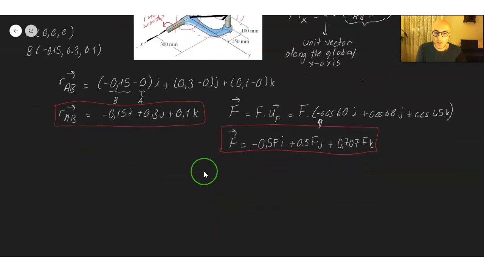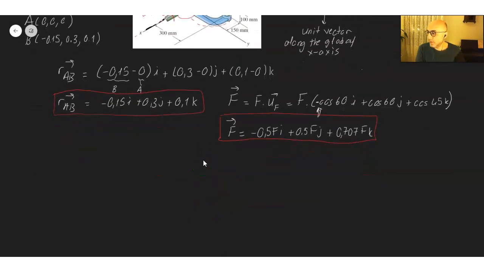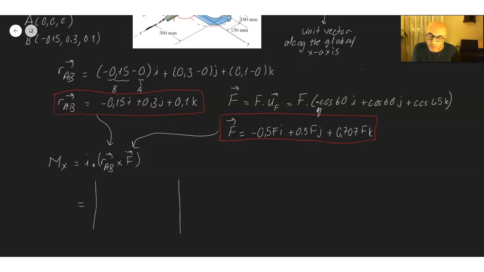So I need to now do the dot product multiplication. So M_x, moment x, is equal to i dot product R_AB cross product F vector. So that's my R_AB and that's my F vector. This can be written as the determinant of some numbers.